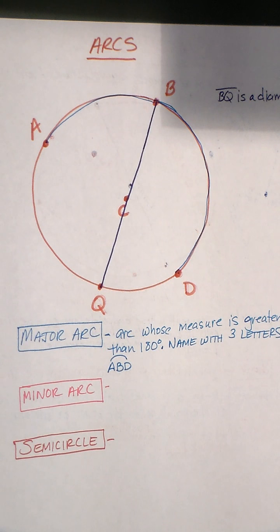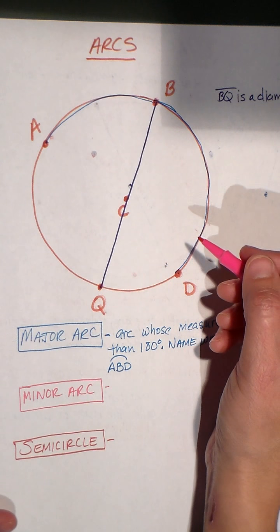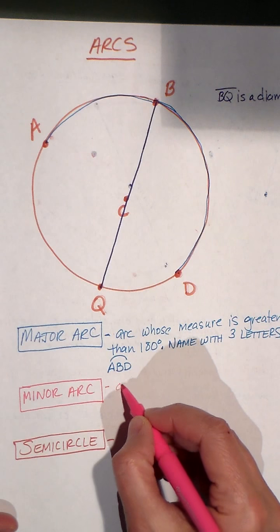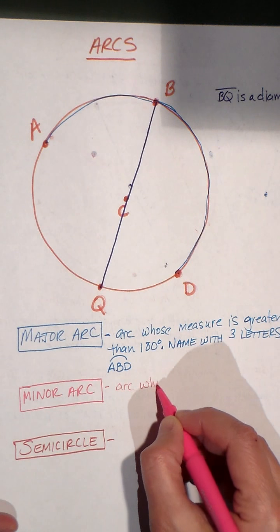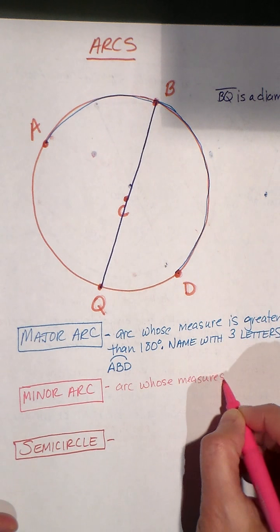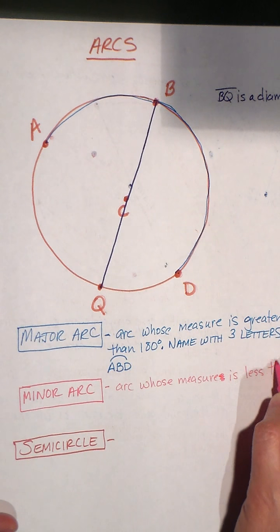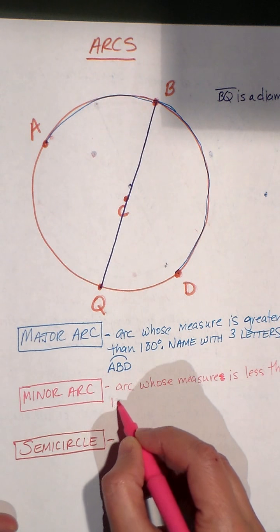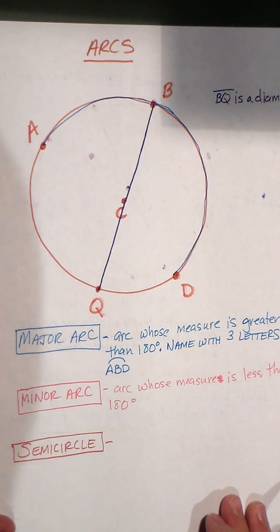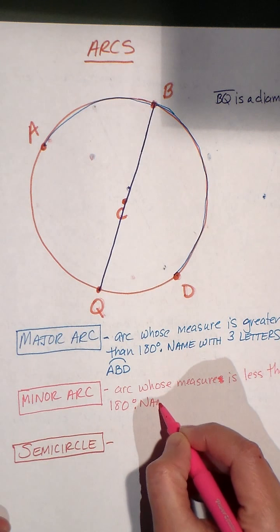Now, you also have what's called a minor arc. A minor arc is an arc whose measure is less than 180 degrees. Okay?